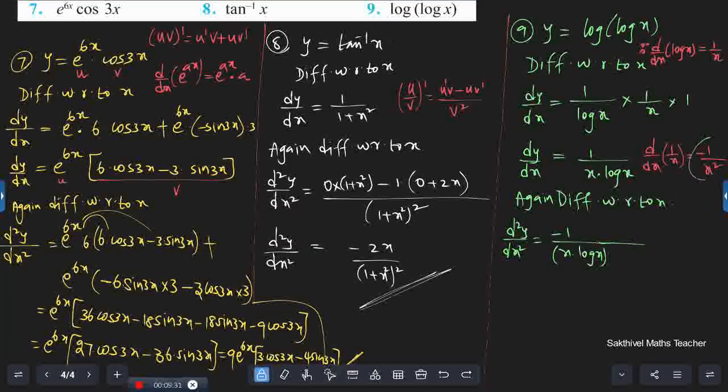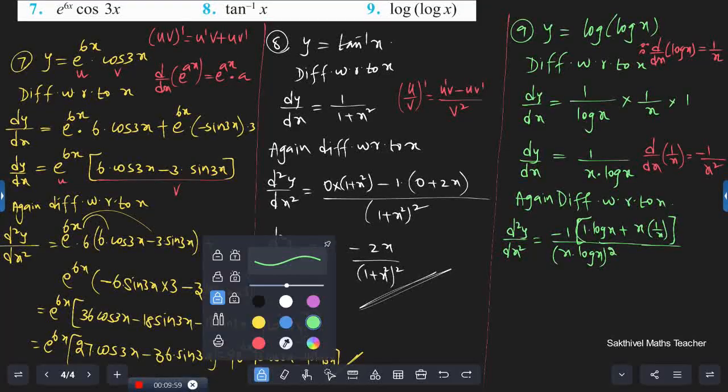Later you have to differentiate the denominator also. The denominator looks like a uv: u is x, its derivative 1 into log x, plus x as it is, and the derivative of log x, which is 1 by x.